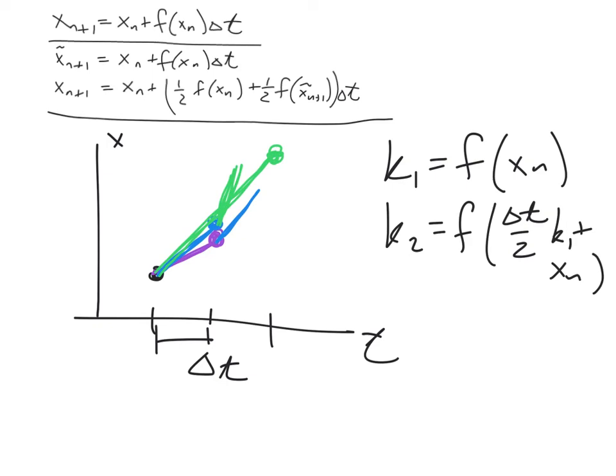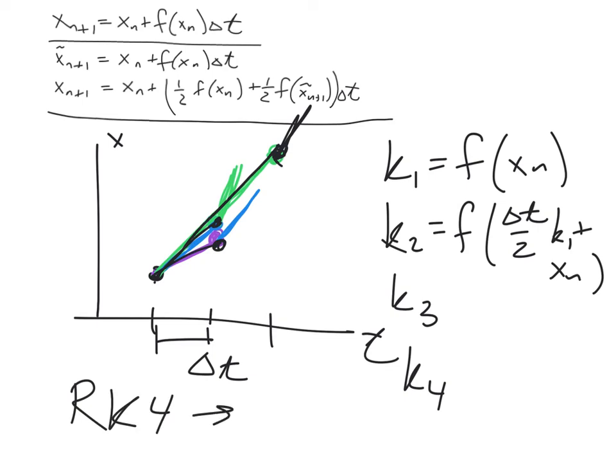So we used k1 to bring us to this point, and we found a new slope there, and we're going to use that slope to come halfway yet again to produce, and then once we get there, we're going to produce k3, and then we can use k3 to step all this distance, and once we get there, of course, we might measure the slope again, and we're going to call that k4. Instead of using a weighted average of just 2 slope estimates, we could use a weighted average of all 4 of these slope estimates to estimate our new x sub n plus 1. An algorithm that does this is called the RK4 Runge Kutta algorithm.